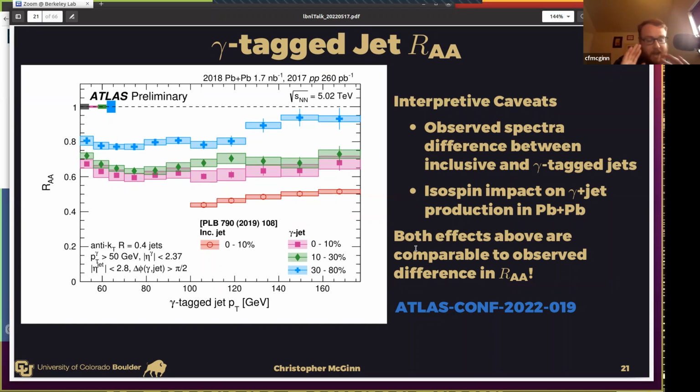So don't write home that this is proof that quarks and gluons quench differently in the medium yet. Going to paper, we hope to demonstrate that more thoroughly. However, it's a very intriguing first look at this data, and we do see what we would have expected to see had all things been held equal. Quarks appear slightly less suppressed than the gluons. That's the naive interpretation.